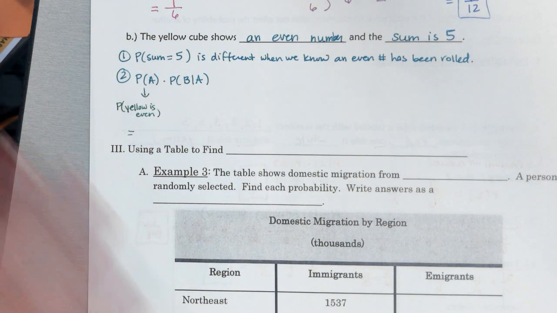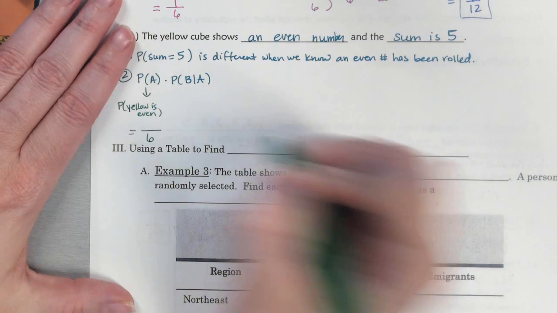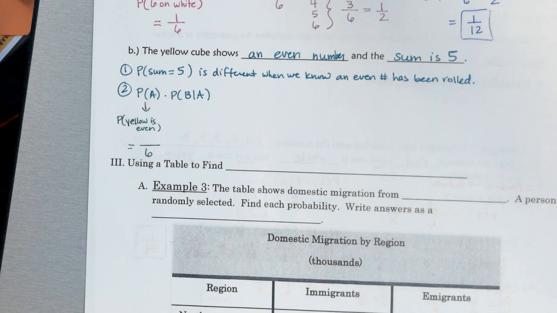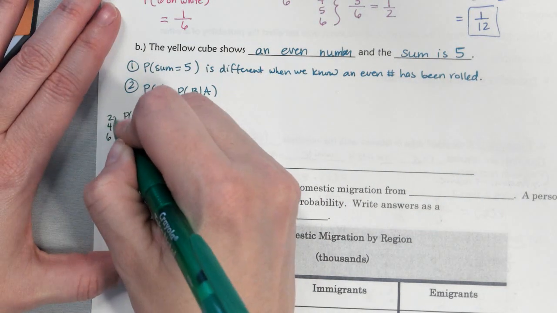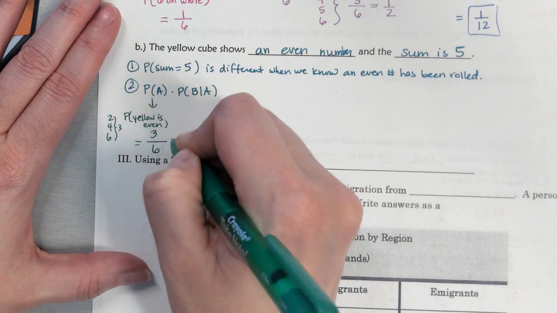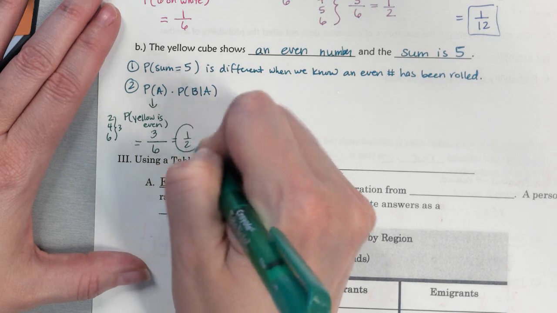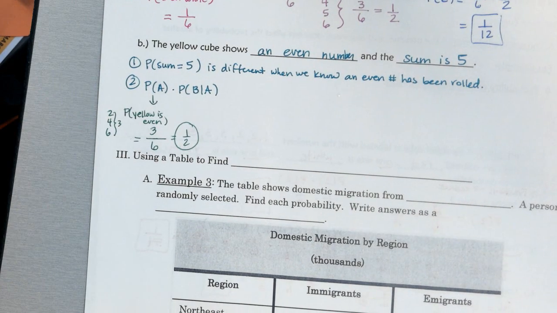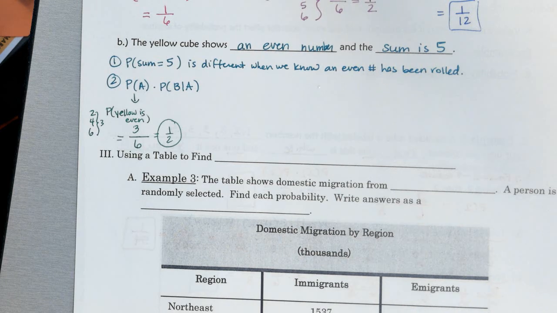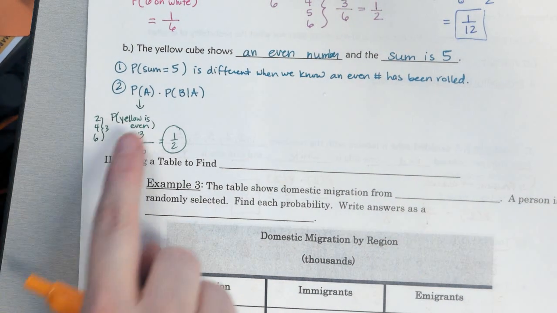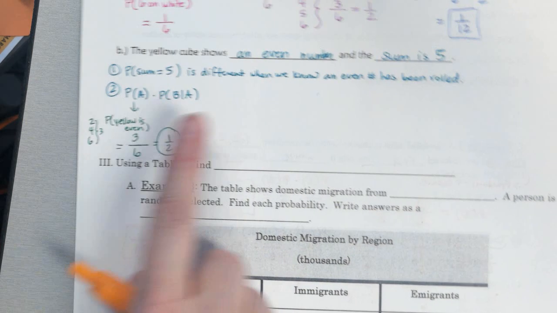For that yellow cube, there's a total of 6 possibilities. How many even numbers are there on the cube? 3: 2, 4, and 6. So that gives you 3 choices, so 3/6, or 1/2, is the probability of A.